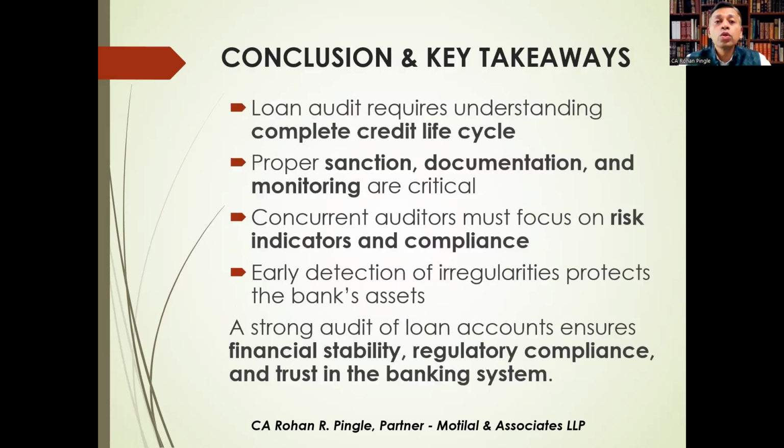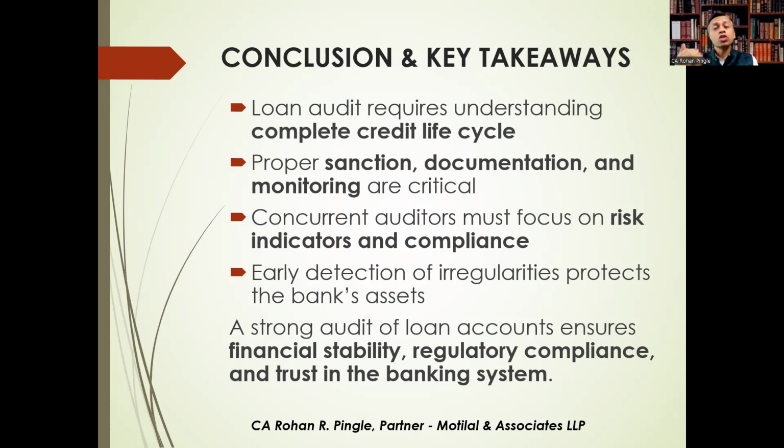Now we are moving to the conclusion and key takeaways for today's session. A strong audit of loan accounts ensures what? Financial stability, regulatory compliance, and trust in the banking system. In concluding, advances are the core business and primary risk areas of banks.